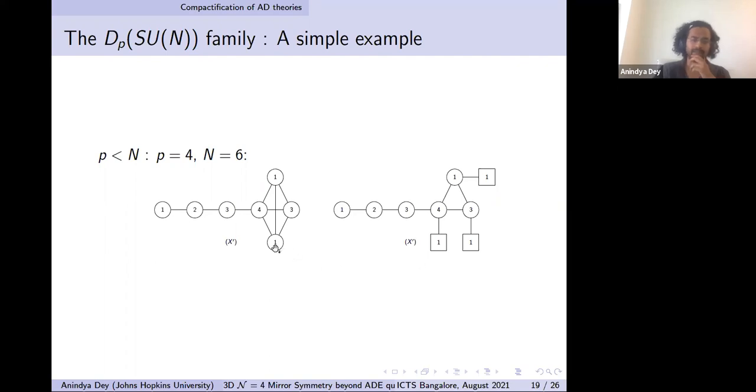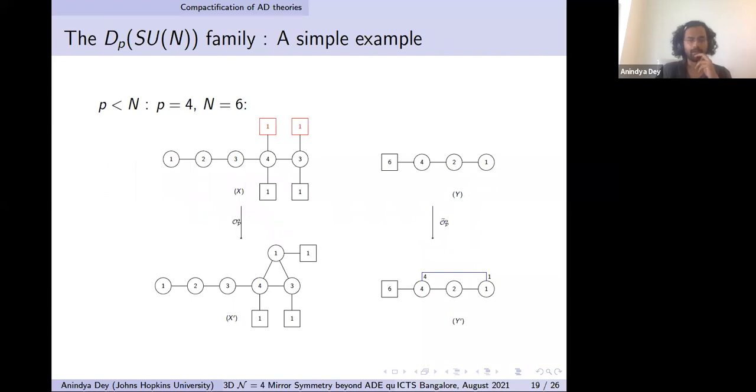This is the class S mirror that you get. So here I decouple the overall U1, and this leads to the quiver on the right hand side. And the corresponding construction that I just mentioned in this case gives you the Lagrangian Y prime.